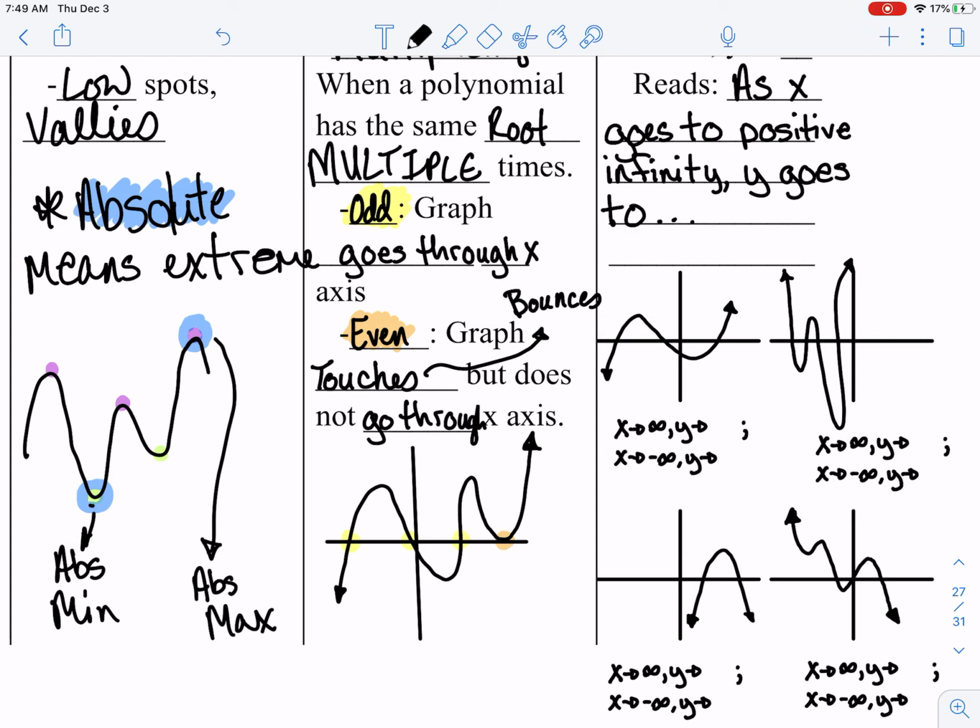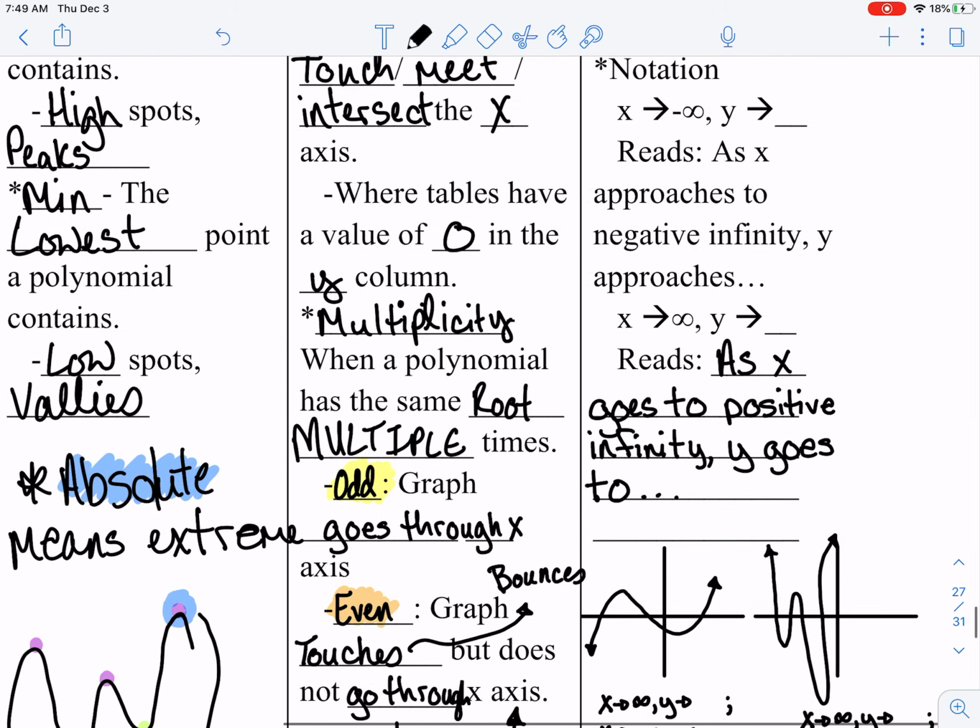Okay, so 1, 3, 5, 7, any odd amount, the graph is going to go through. If it is even, the graph is going to touch, or I like to think about it as bouncing, but it's not going to go through it. Okay, so the yellow dots represent multiplicities that are odd. The orange dot represents a multiplicity that is even, right, because it touches and bounces.